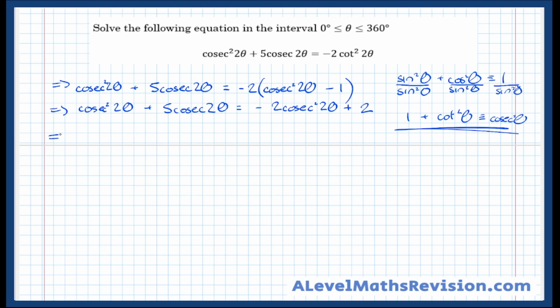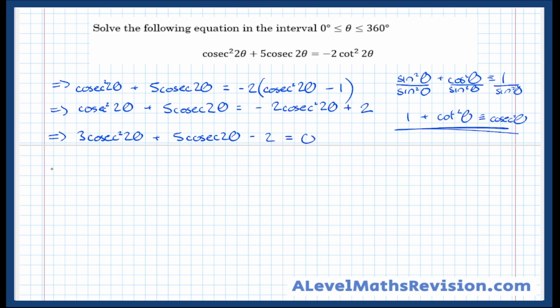Trying to get it look more like a quadratic now. So we've got, take those over the other side, 3 cosec squared of 2 theta plus 5 cosec of 2 theta minus 2 equals 0.